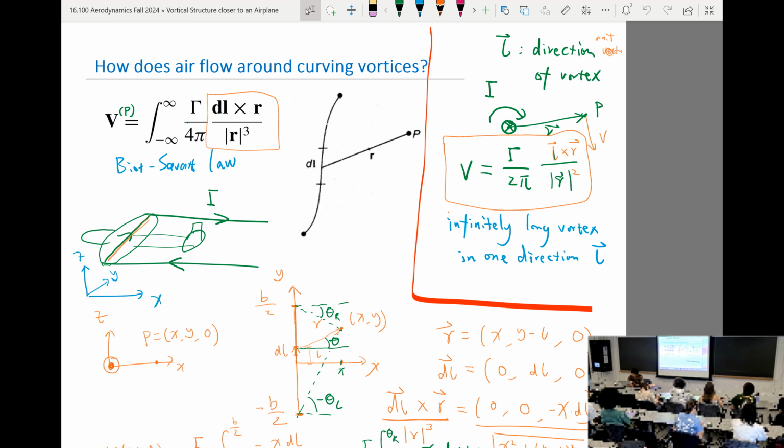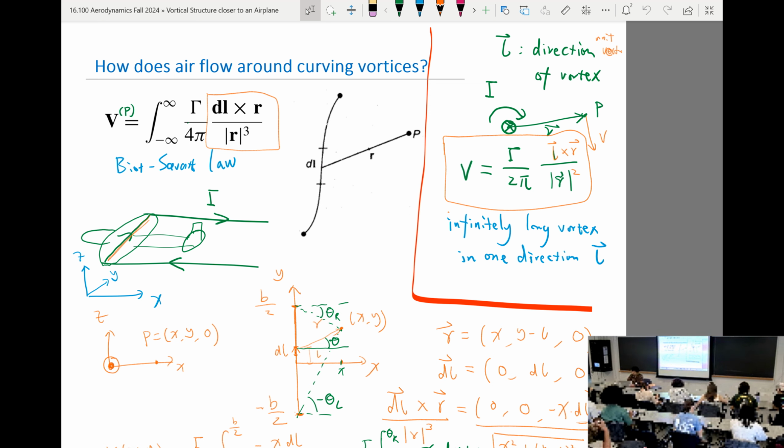So we are thinking about an airplane with a wing here, with a fuselage, so this is my airplane, and we have a strength of gamma. Let's put the coordinates straight. The x-axis always points downstream, the z-axis always points up, and in order for this to be consistent, the y-axis has to point that way.